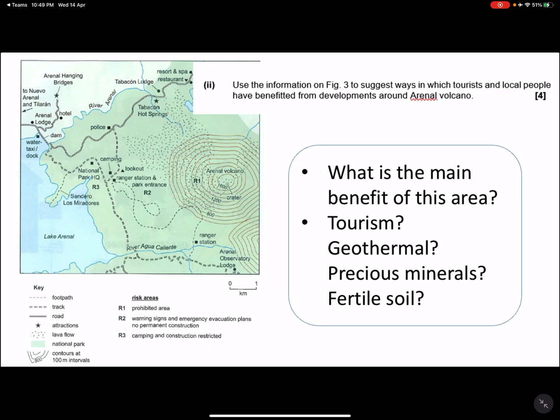Right? If this was towards the west, what areas will be safe? R3, is R3 really totally safe? Right? Is that the reason why in R1 you are not allowed to have any activity at all? R3 you can only have camping and construction, but restricted. Okay, so where do you find actually a lot of the main services and all? Actually beyond R3, right? Beyond R3 in the supposed safer regions.